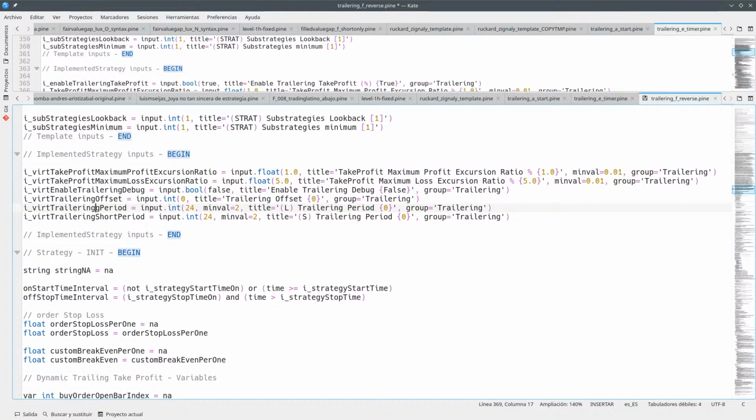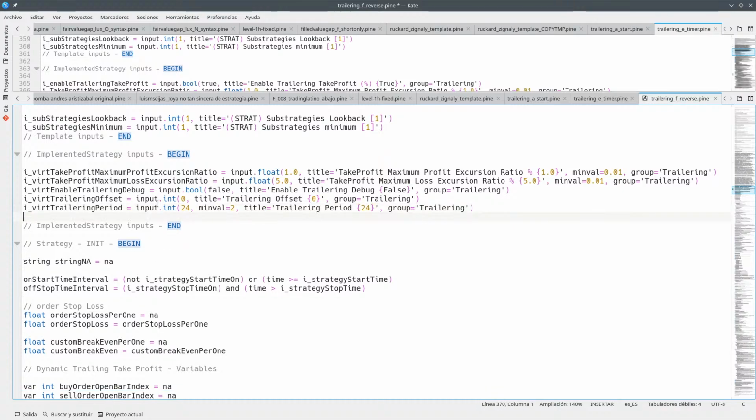And here the same thing happens. The period is just this one here, and this is going to be the trailering period, which by default is 24. That's right, no need for this. Because now we are working with long and short. What's the name? Okay, so take profit, maximum profit exclusion ratio, maximum loss exclusion ratio. That's it.